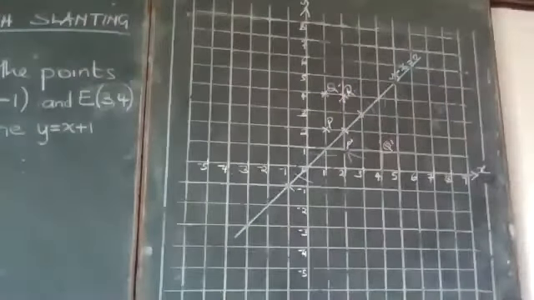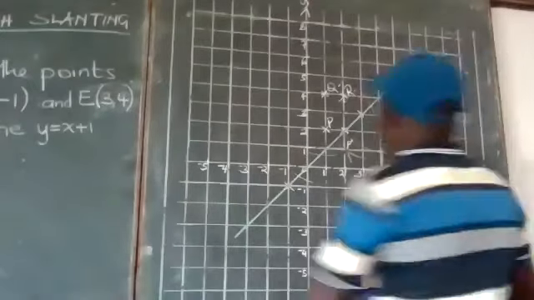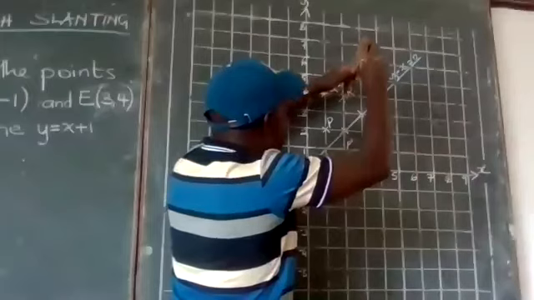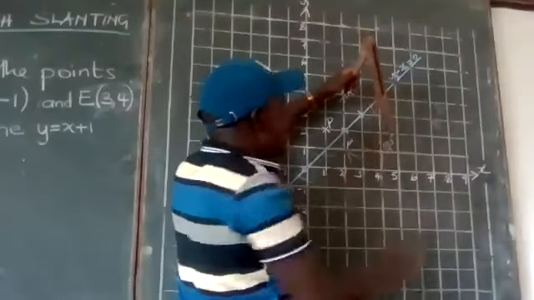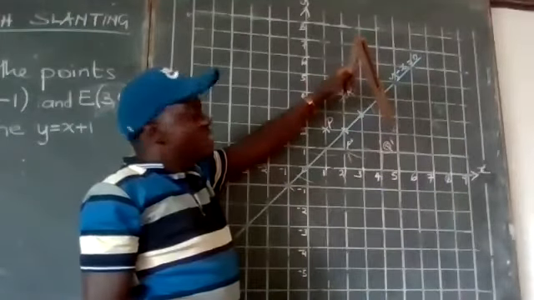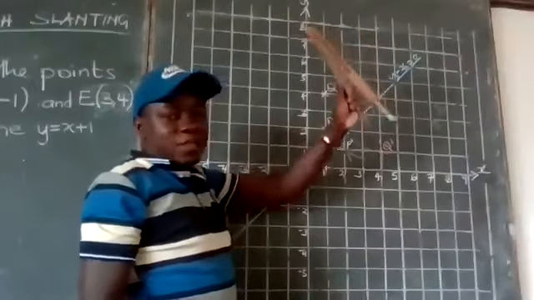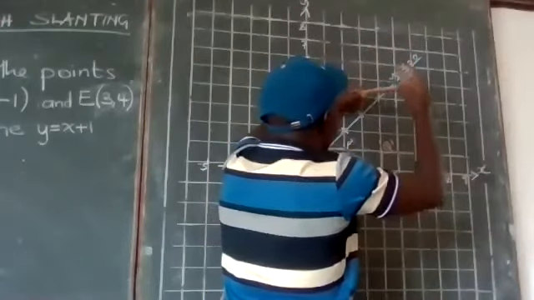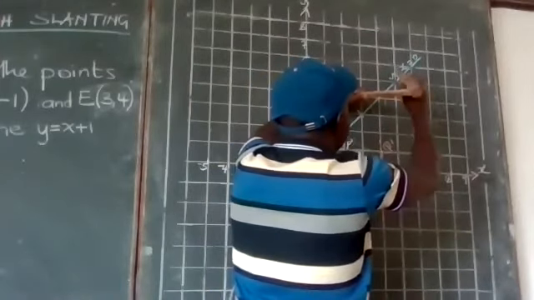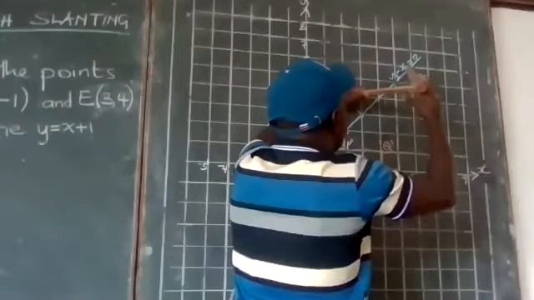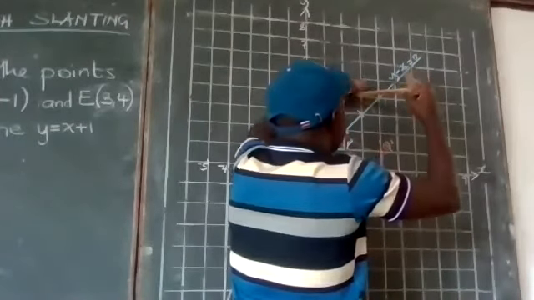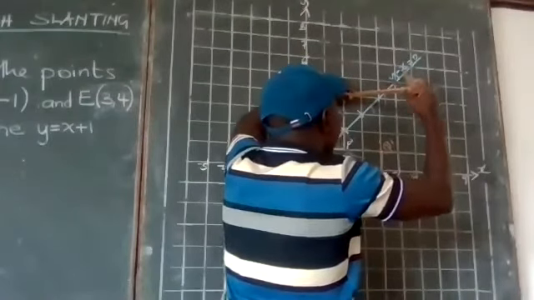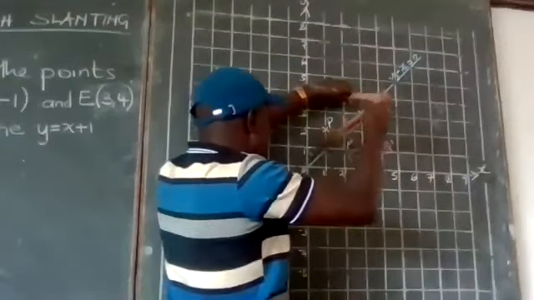Okay? After getting it, still the same steps. Let me do this one very fast. I stand here, adjust my compass. The radius of the compass is your choice, as long as you maintain it throughout. I can make it big, and then I cut there, and then here.